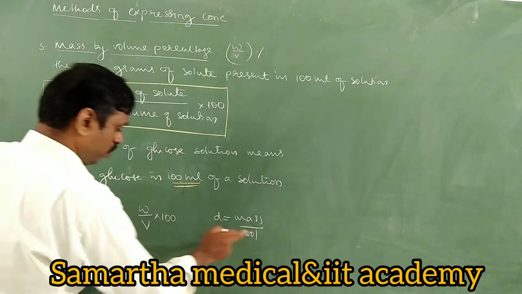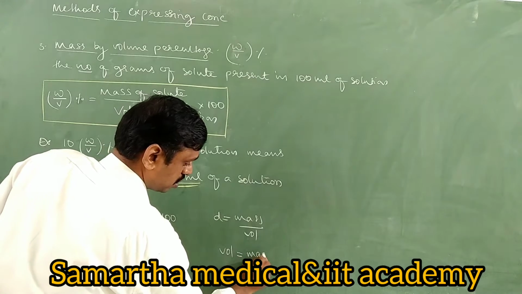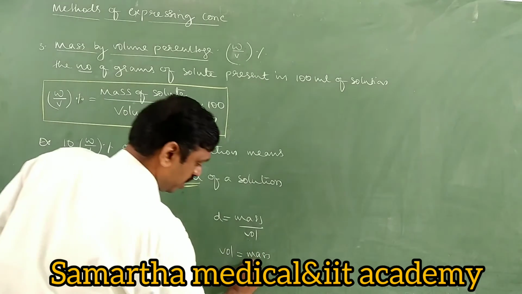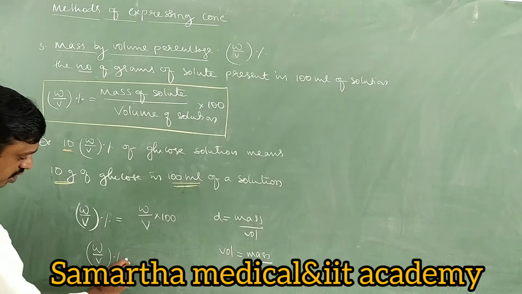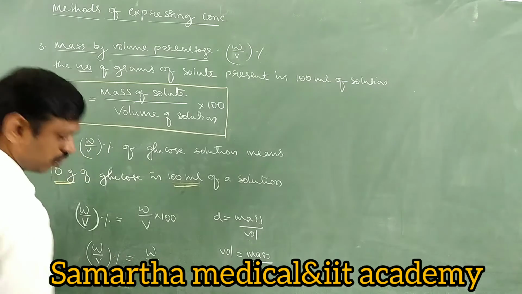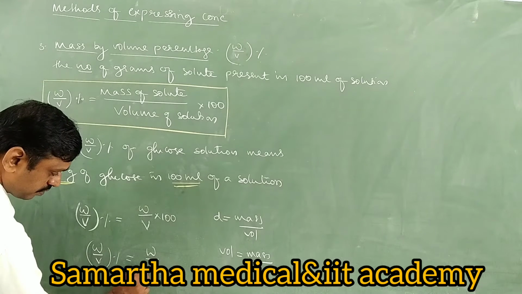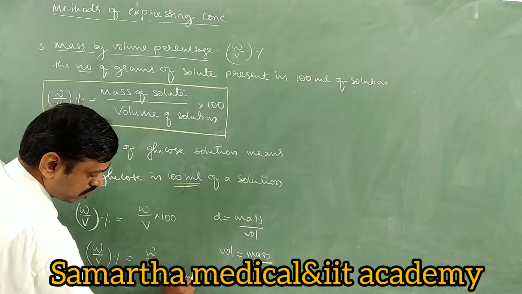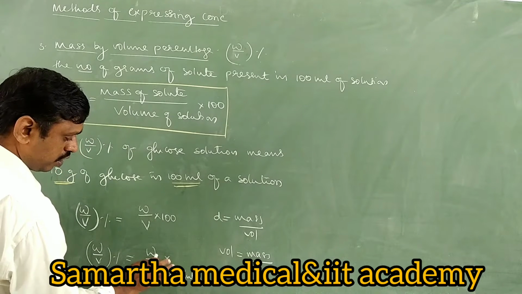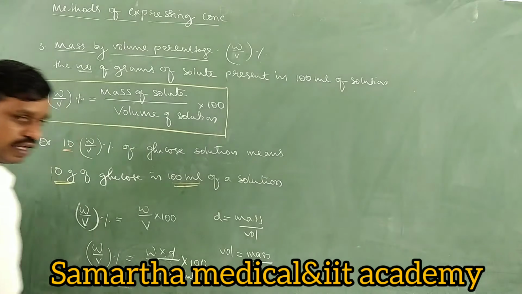Then volume of solution is mass by density. So now write it in terms of density. W by V percent equals the weight of the solute as it is, and in place of volume of solution, mass of solution into density, into 100.